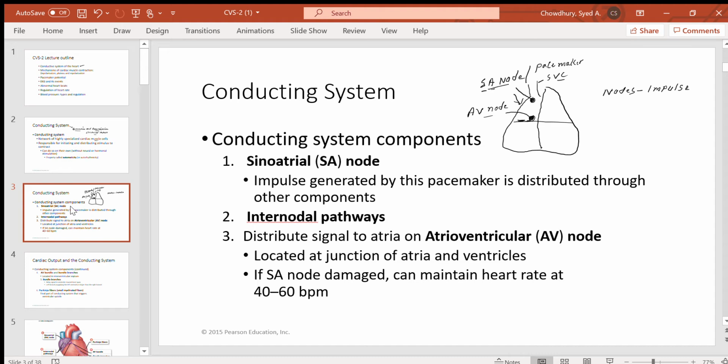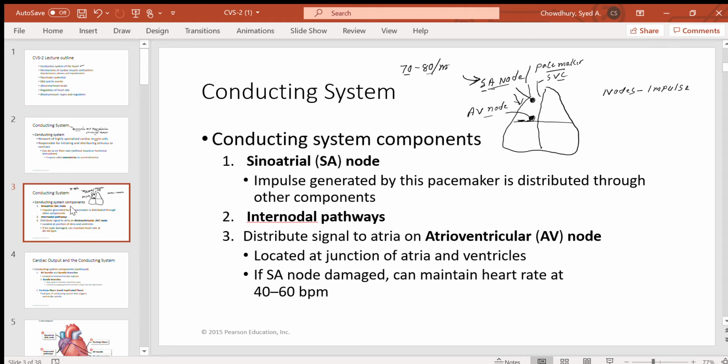The SA node is called the pacemaker because in a normal heart, the SA node is responsible for the normal heartbeat. You know that a normal person's heart rate is 70 to 80 per minute, right?